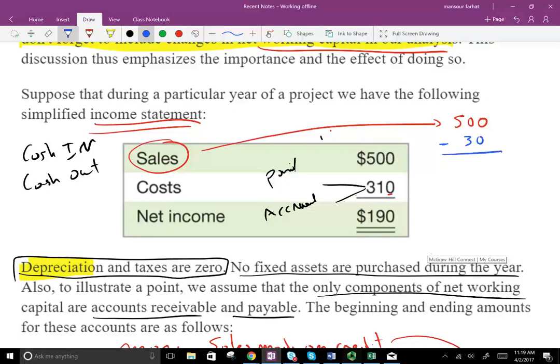How much of it? $30 was on credit. So if I take 500 minus 30, it's 470. It means cash received is only 470. So although I made sales of $500, the cash received from those sales is 470.